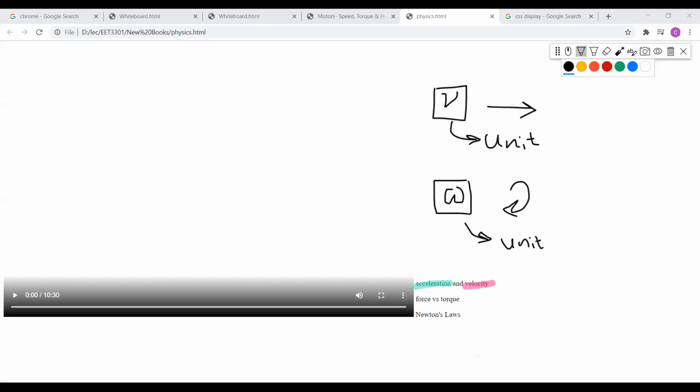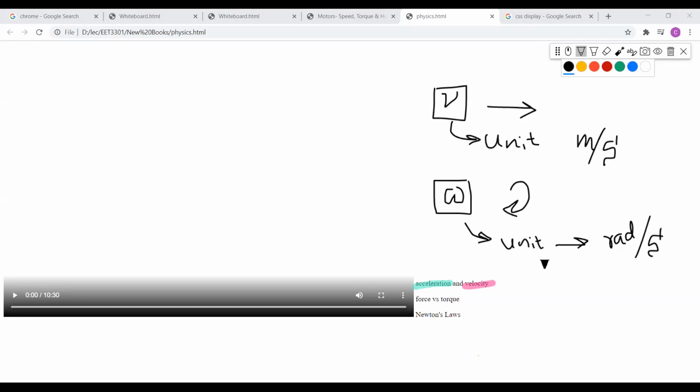Most of you guys have sent the unit for linear velocity, that is meters per second. And for this one, you need to know it is going to be radians per second, right? There was one incorrect answer as well, but I highly welcome your answer.